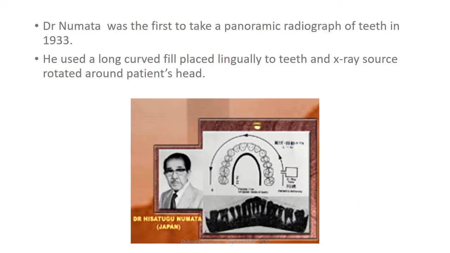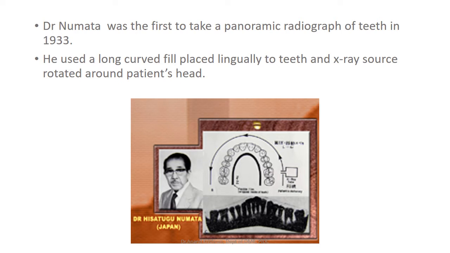This later laid the foundation for Dr. Numata and others to proceed and take a panoramic radiograph of the dentition in 1933. He used a long curved film, placed lingually to the teeth, and an X-ray source was rotated around the patient's head.